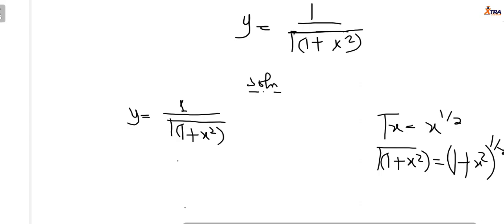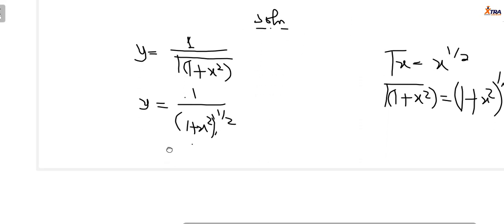So then we change this to y equals 1 over (1 plus x to the power 2) raised to the power 1 over 2.